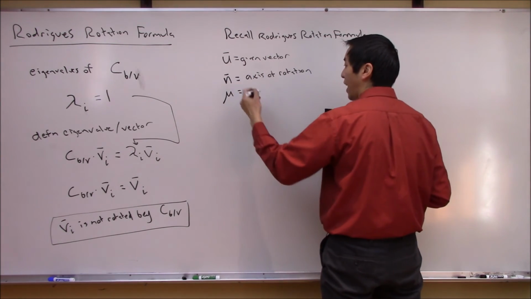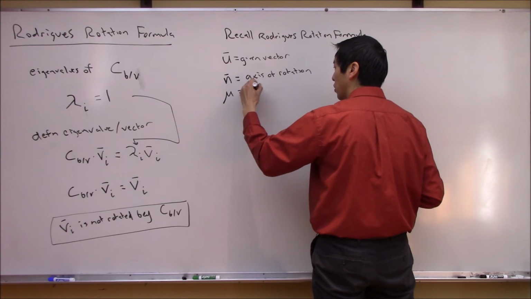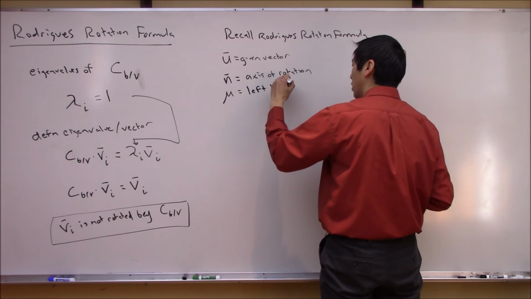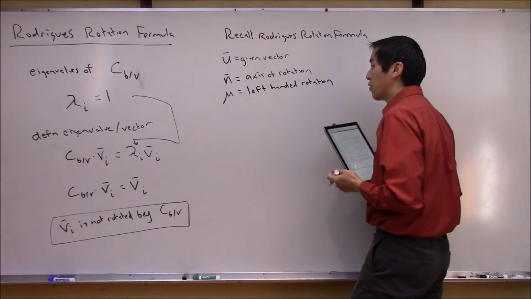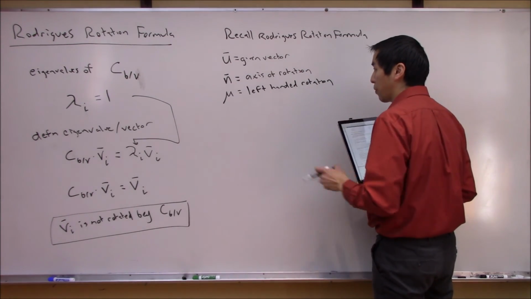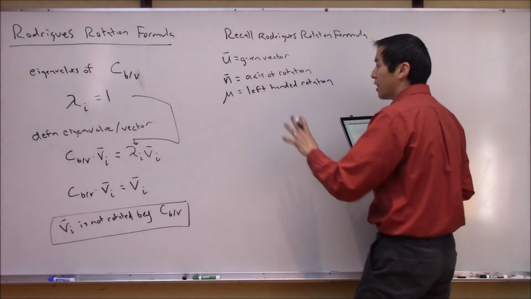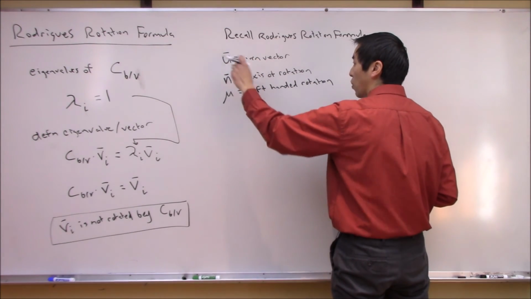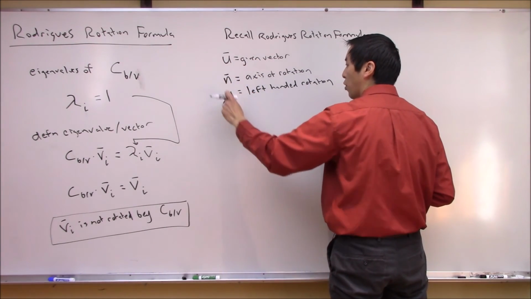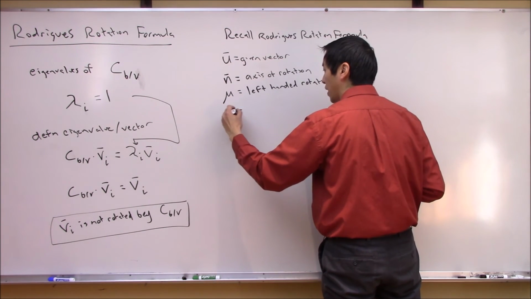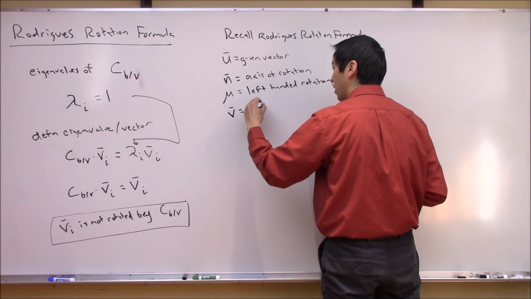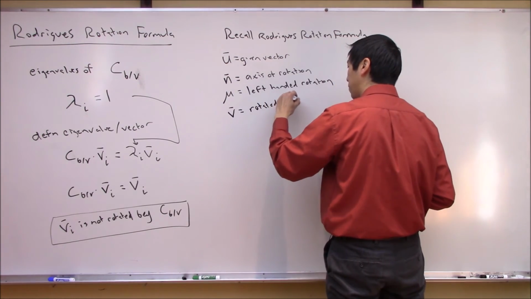Rodrigues had this as a left-handed rotation for whatever reason. We discussed the details in the previous video, but it's not going to matter here. If you rotate u about n through a left-handed angle mu, you would end up with a new vector v, the rotated vector.